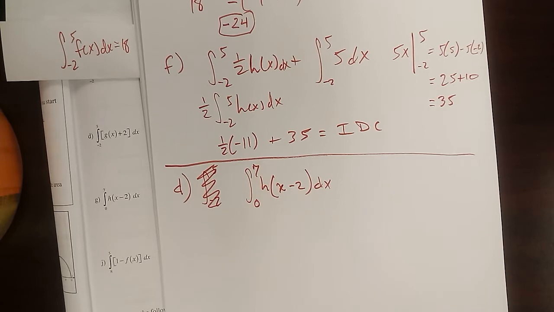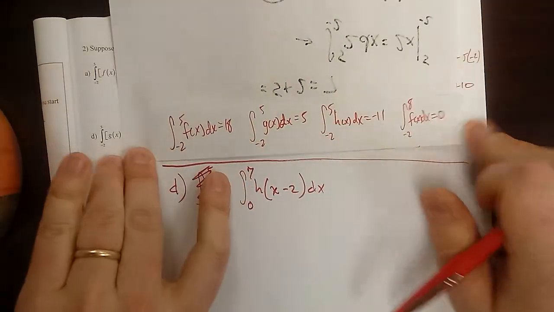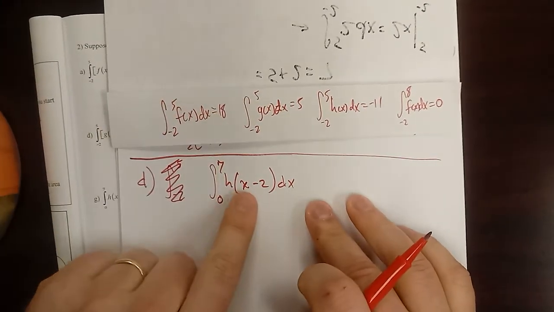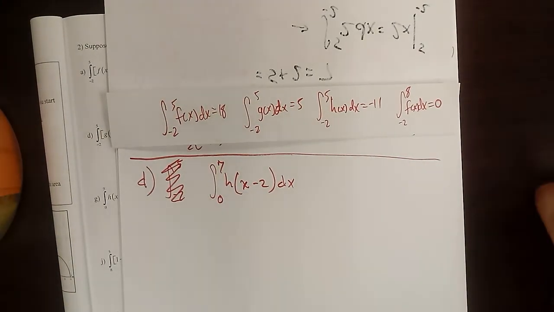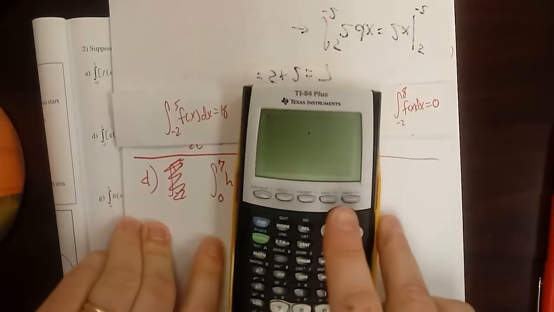The way that we can think about this and not need any new information, because you don't need any new information to solve this, is I want to remind you that when we deal with function notation, x minus 2 inside of parentheses moves it 2 to the right.